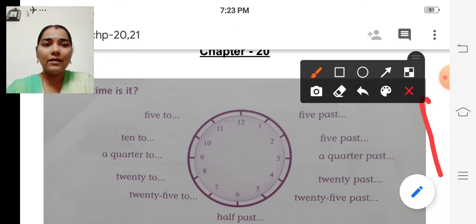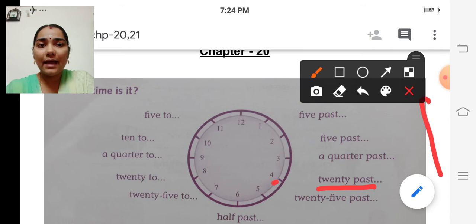If the minute hand passes this 4, then we'll say 20 past the hour. Okay.